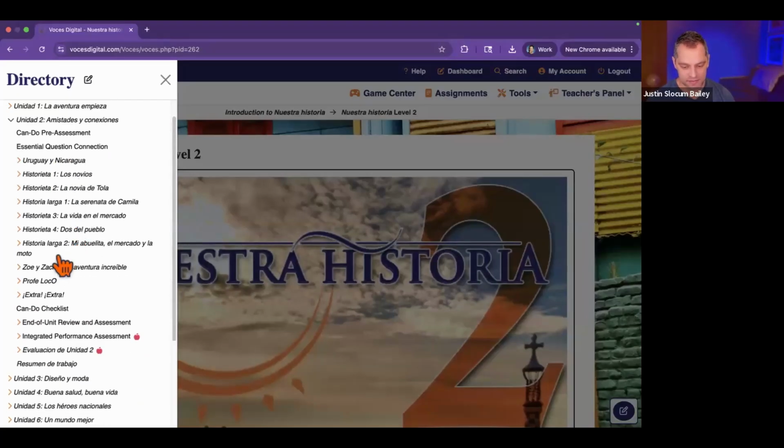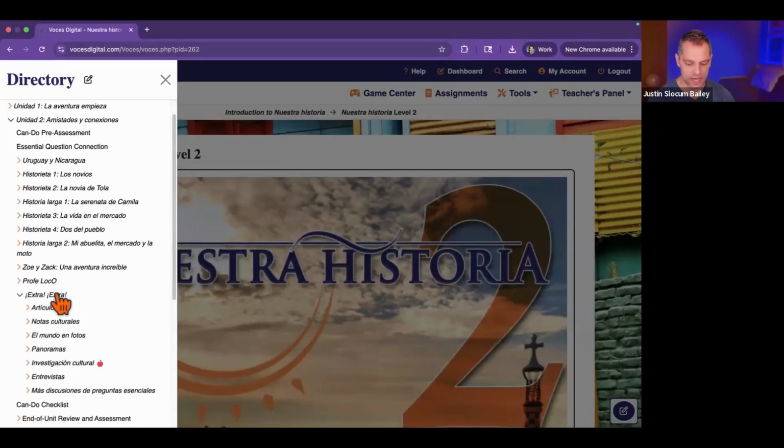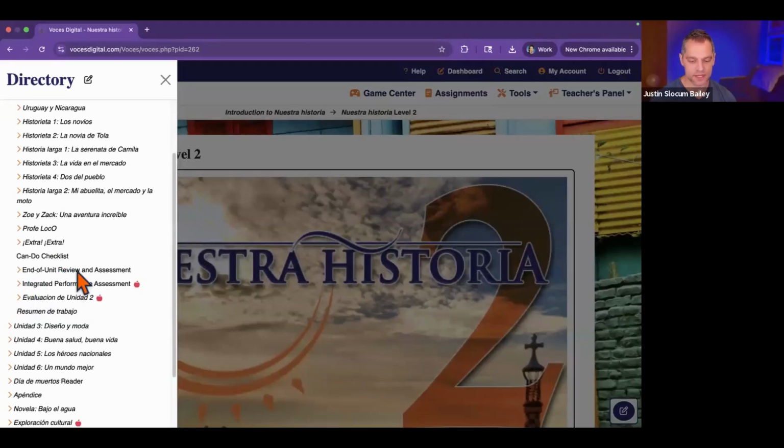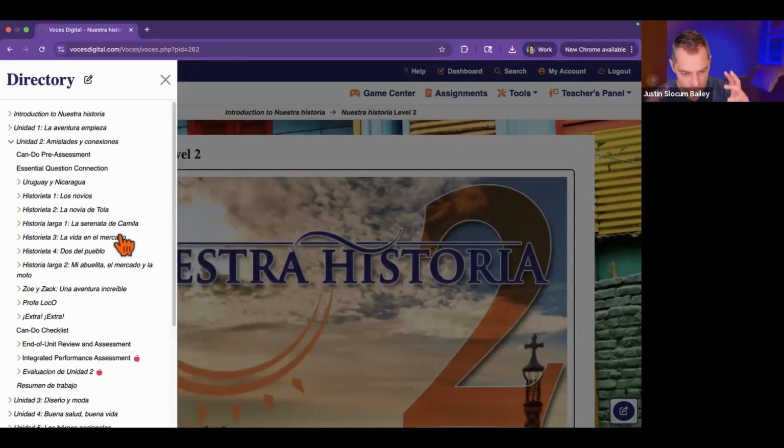And then after the last story, we have a chapter in a novel, a couple of video series, and all the items in the extra. This was encore in the French, with these articles, cultural concepts, annotated photos, interviews, and so on. And then we have the assessments. Okay, so that's just kind of refamiliarizing ourselves with that scheme.